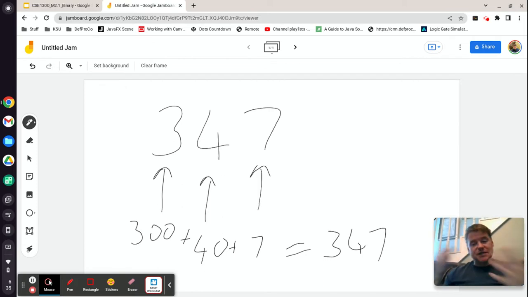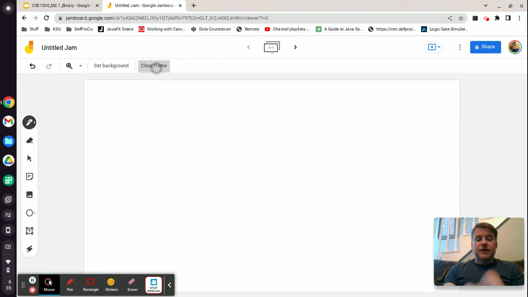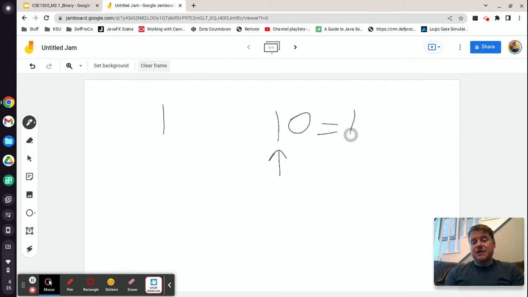It sounds like I'm saying something very obvious, because it is kind of obvious. You're so used to this notation at this point that you don't really think about it. But if I give you a 1, depending on where I put that 1, it has very different meaning. If I say 1, you understand I mean 1. But if I say 1, 0, even though I gave you a single 1, you understand that that means 10.